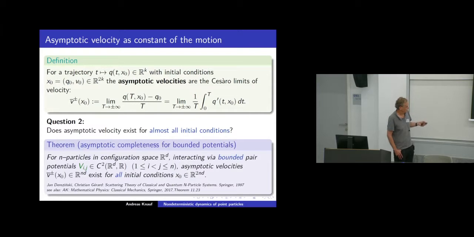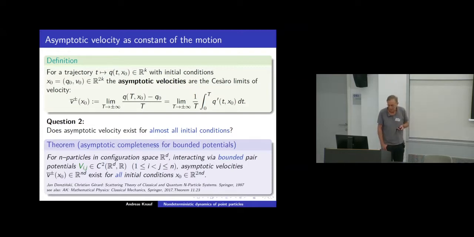In fact, it was first proven in quantum mechanics and then in classical mechanics that they exist under some assumption, namely, if instead of these homogeneous pair potentials you have some bounded C^2 pair potentials V_ij, then asymptotic velocities exist for all initial conditions. And this is called asymptotic completeness, and the proof is not easy. This was in a paper by Jan Dereziński, and is well documented in the book with Christian Gérard.